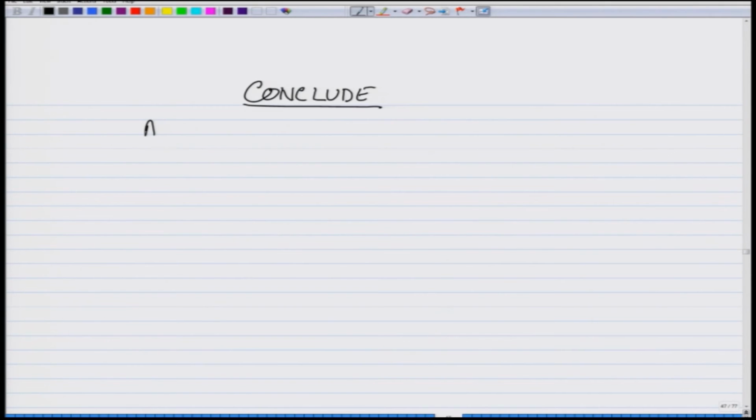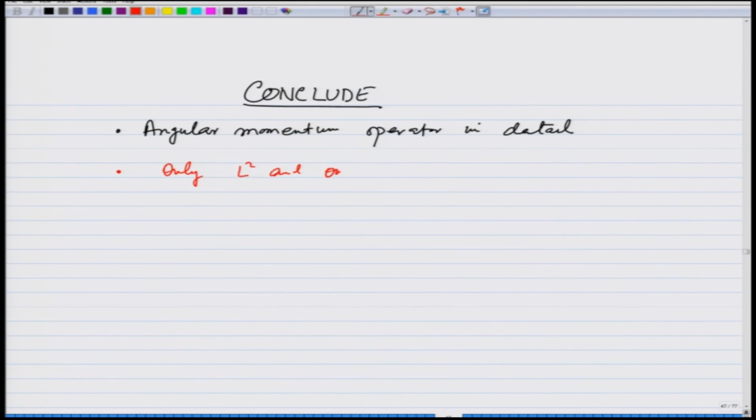that we looked at angular momentum operator in detail. We have found that only L square and one component of L can have common eigenfunctions.